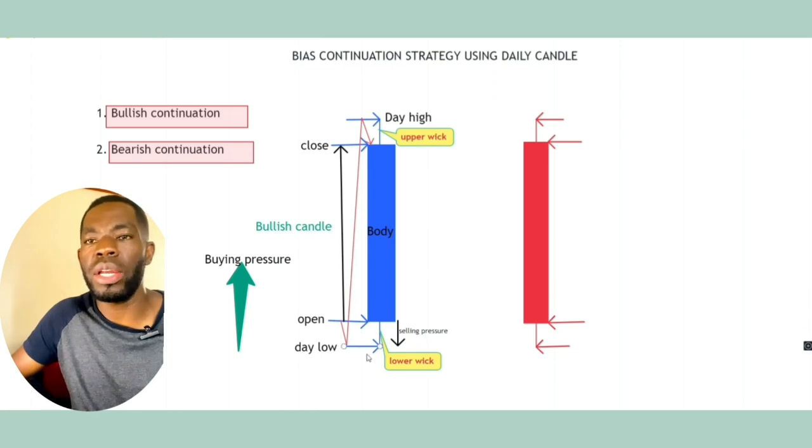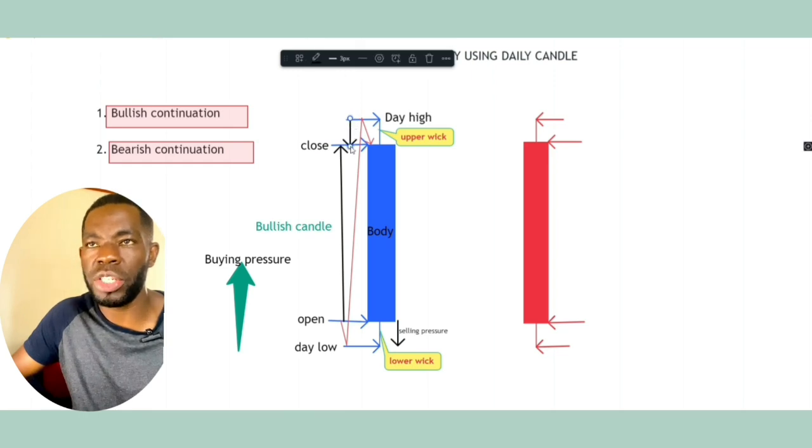And also at the top here, what it means is that when the price went to the day high, there was some selling pressure which pushed the price from the day high down to the close. So this is selling pressure also.